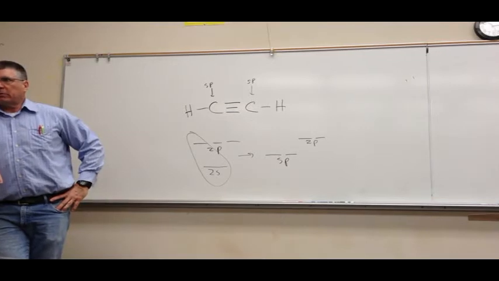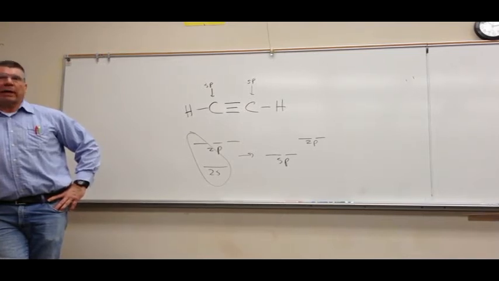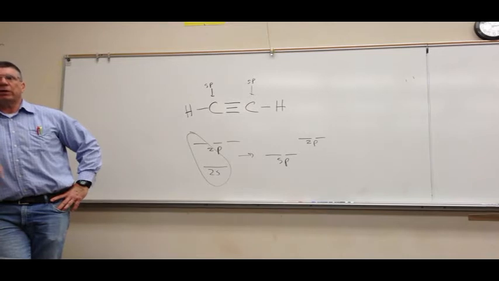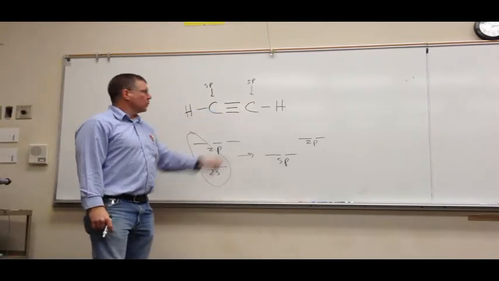In sp hybridization, 2 electron groups, what's the bond angle going to be? Linear? 180, right? So 180, yeah.